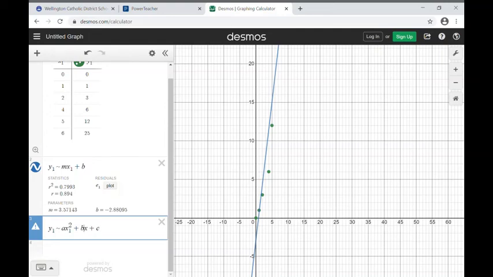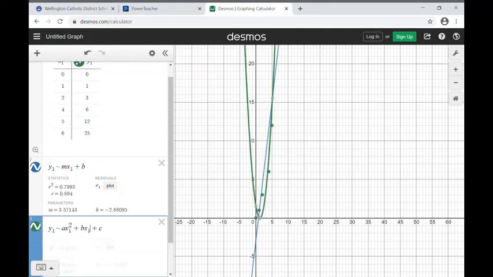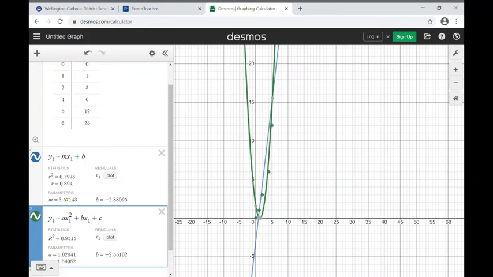Okay, so then it takes my points and tries to make it into a parabola. So it gives you an R squared value, but no r value. That's because r is only for linear. The r value is only for linear.